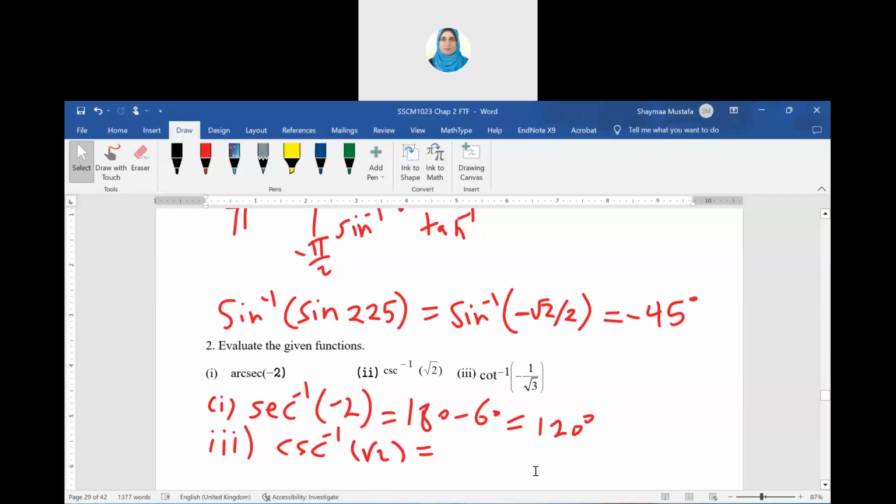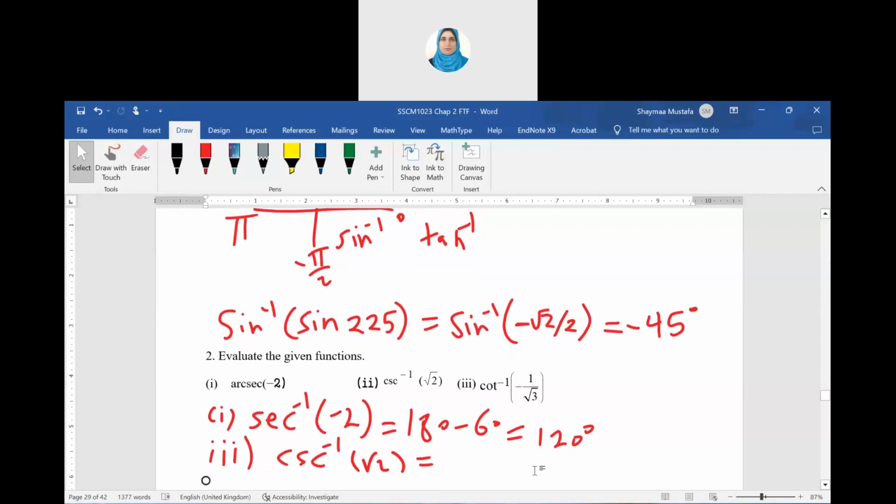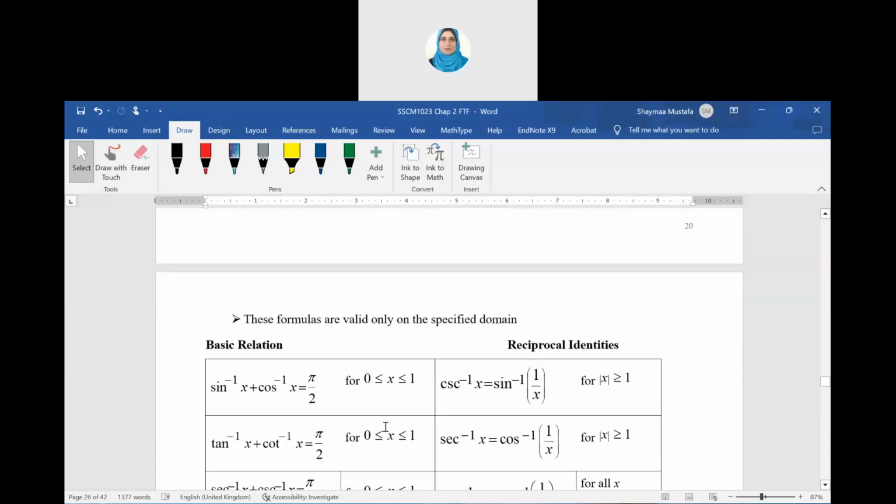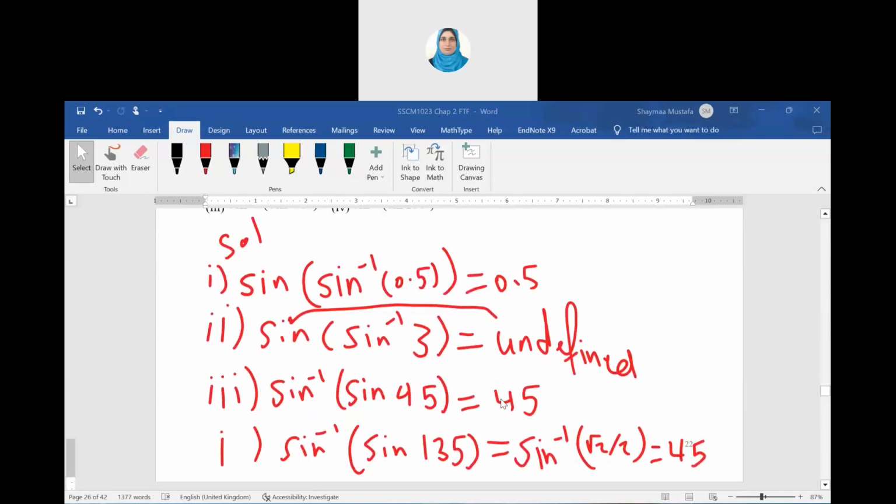If you don't know how to calculate this one, it is equal to sine inverse of 1 over the square root of 2, using this identity: cosec inverse x is equal to sine inverse 1 over x.